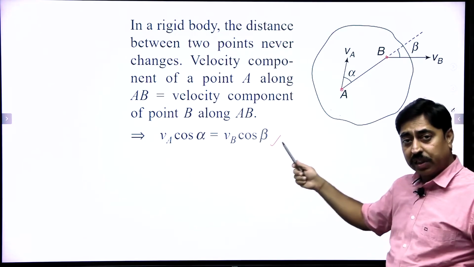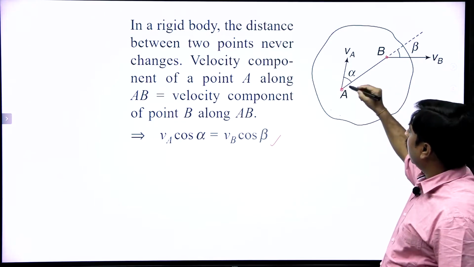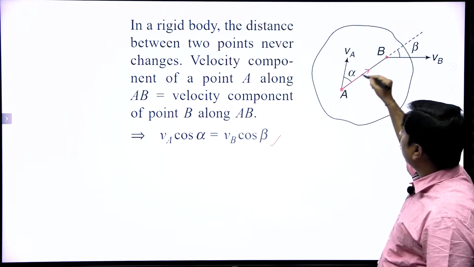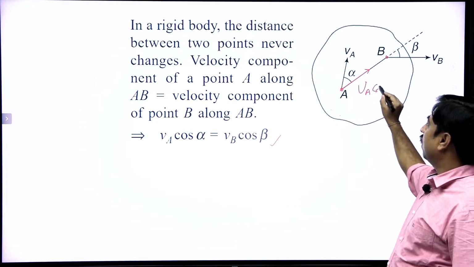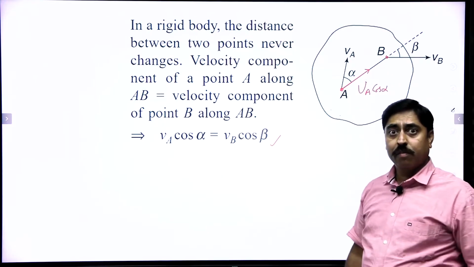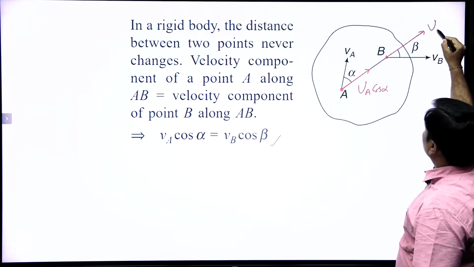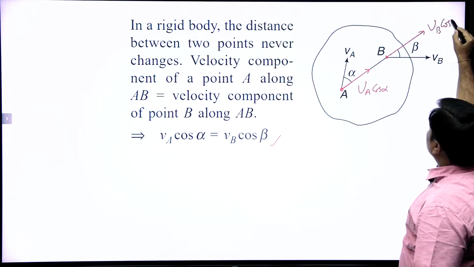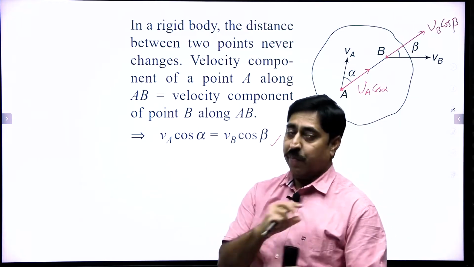What does this condition tell you? Velocity component of A along this line joining A and B is VA cos alpha. VA cos alpha is the component of velocity of point A towards B, and similarly VB cos beta is the velocity component of point B along the same line AB.